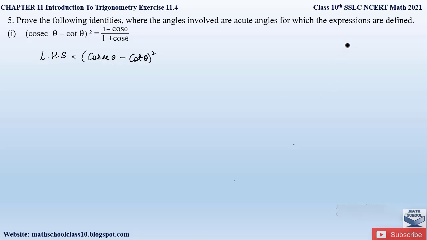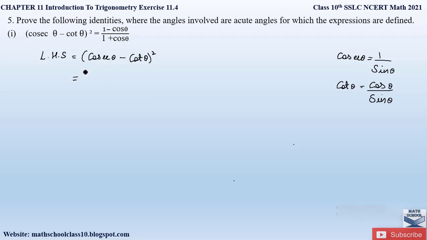As we all know, cosecant theta can be written as 1 by sin theta and cot theta can be written as cos theta divided by sin theta. So let us substitute this relationship in the left hand side.